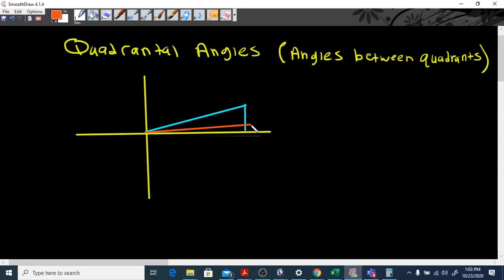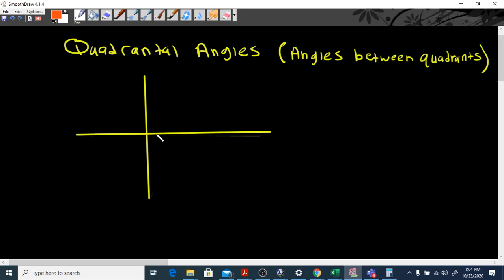A smaller angle produces a smaller opposite side. So it should hopefully at this point be easy to imagine that if I have an angle along the x-axis, my opposite side will be exactly 0. So that's the topic of discussion of this video.